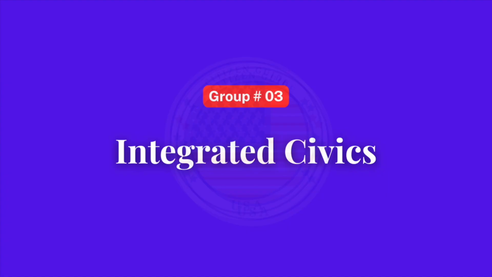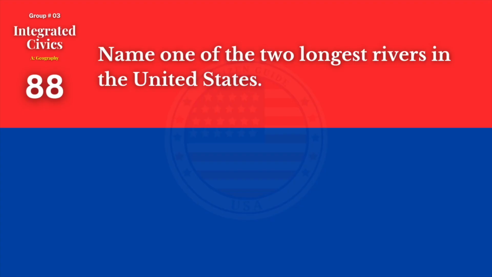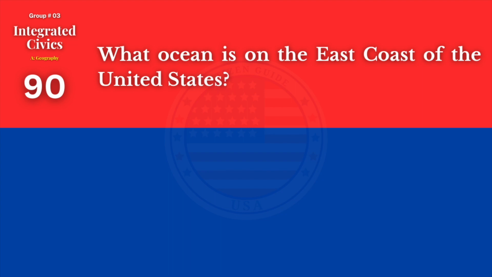Group 3. Integrated Civics. Name one of the 2 longest rivers in the United States. Missouri River. What ocean is on the east coast of the United States?